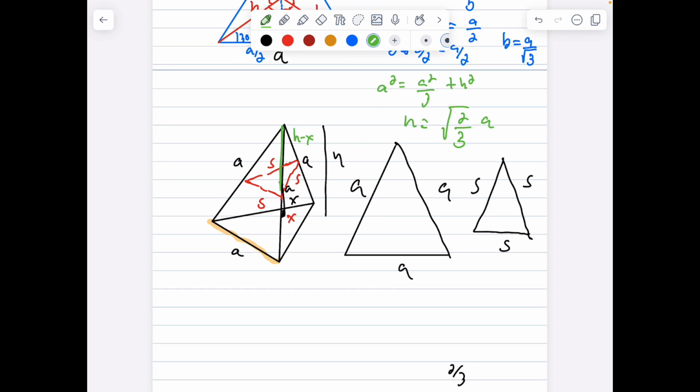H minus x all over the height of the original, which would be h, has to be equal to the ratio of the length of the side S over the side A of the triangle we're working with.